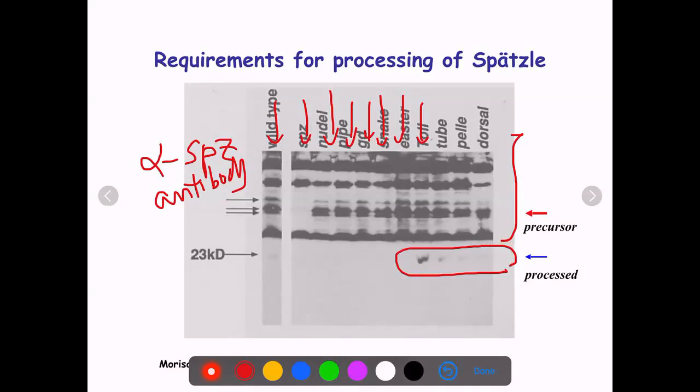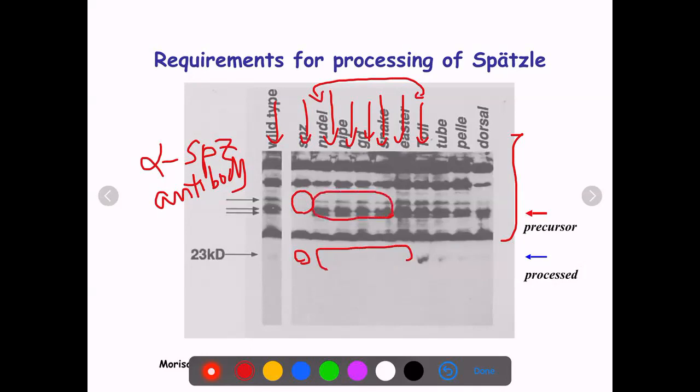But of course the Spätzle mutant does not produce any Spätzle. But when noodle, pipe, GD, snake, and Easter, those 5 genes, are missing, precursor Spätzle is produced, right? But the processed form is not there.